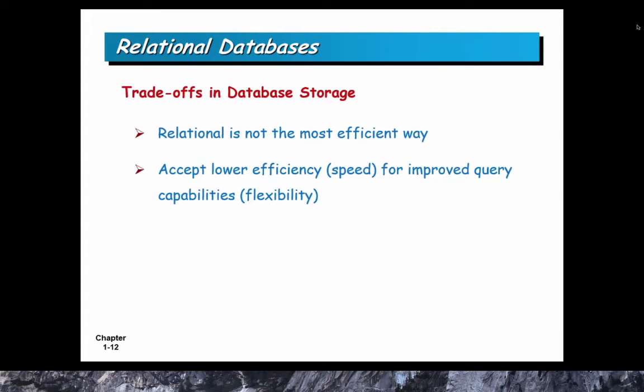It takes a lot of computer resources because of all the linkages. However, in today's day and age of hardware and software, almost everybody will accept the lower efficiency in the use of hardware for the improved flexibility and ability to get information out of that system. So you're making the trade-off of efficiency versus flexibility, and because of the nature of hardware today, flexibility can win without really anybody noticing.